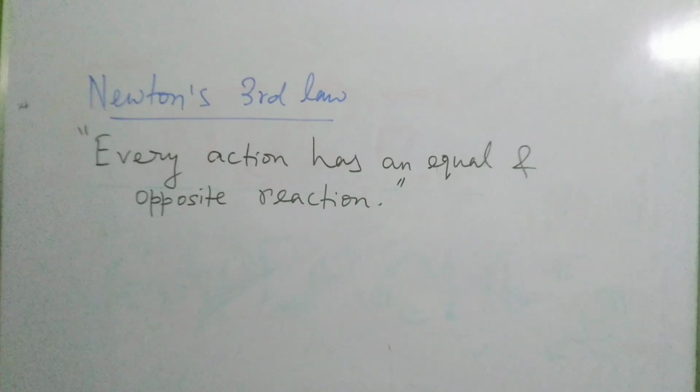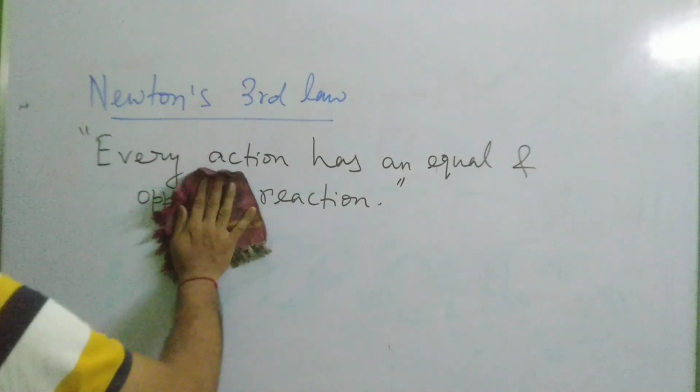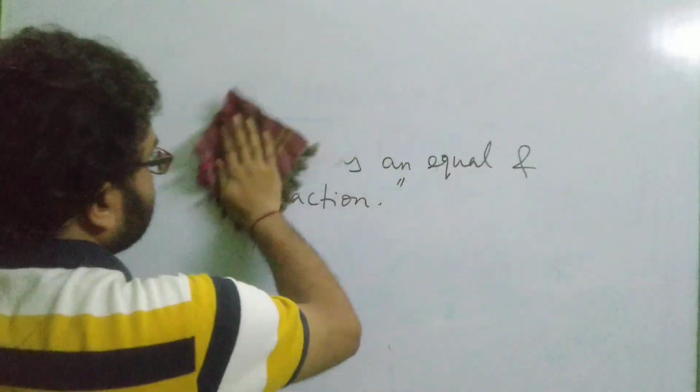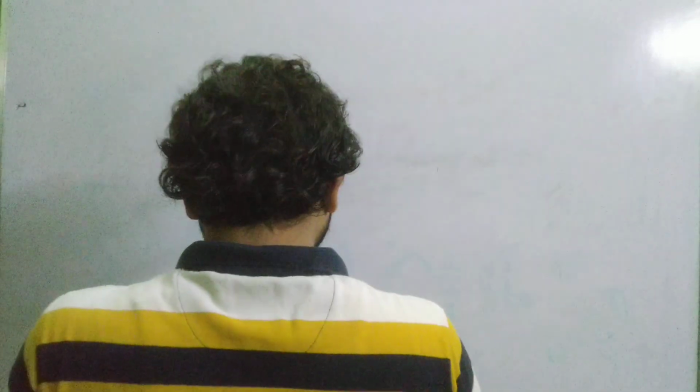Let us analyze an example. Okay, I hope you have written the statement. It's very easy and also available in the book, so you can note it from there too.